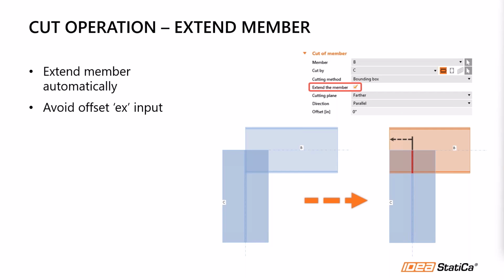Within here, you are avoiding that EX offset input, which, if you are inputting any EX offset from your members, can affect your loading position. So by avoiding this, we have added the extend to the member option within the cut off member. Whenever you click this option, the member will automatically be extended, as you can see on the bottom right corner.